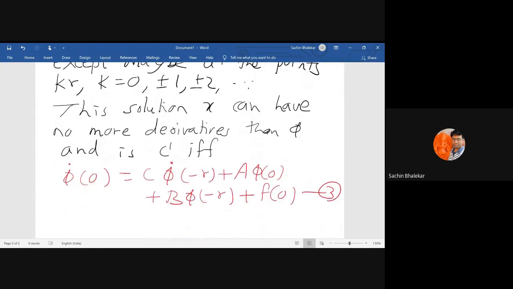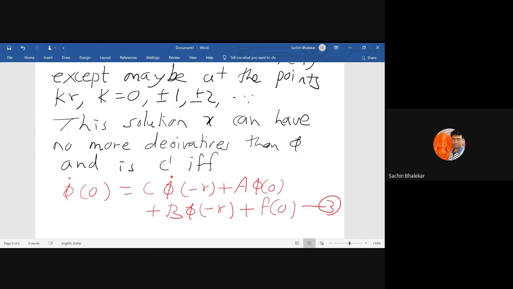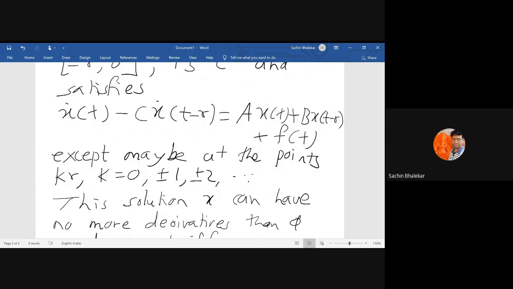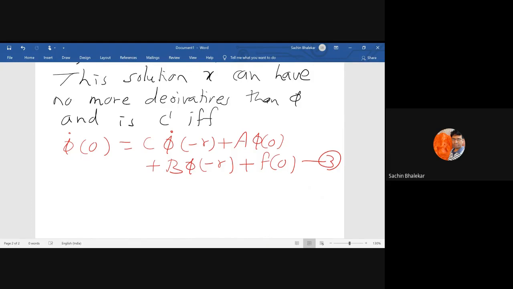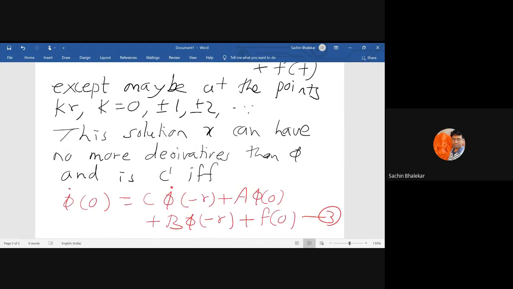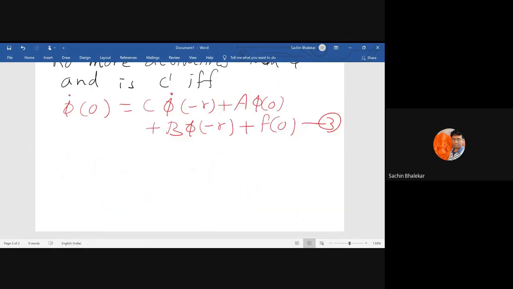In the previous section we have seen that in general such things are not true with phi. So here also if we have this equality, then everything will be nice. Otherwise our solution may not be continuously differentiable at the corresponding points 0, plus minus r, plus minus 2r, etc. So this is C1 if and only if this equality is satisfied.